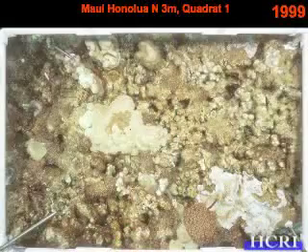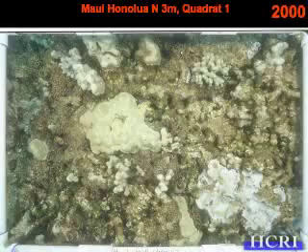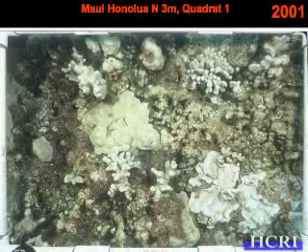Okay? So to take you through what kind of changes you can see over time at one particular site, this is in 1999. Now, if you watch the general area in the center, you'll see 2000 start to come in. You can see some slight changes taking place. Okay, so this is in 2000. And then in 2001, you can see the compressor here is getting a little larger.